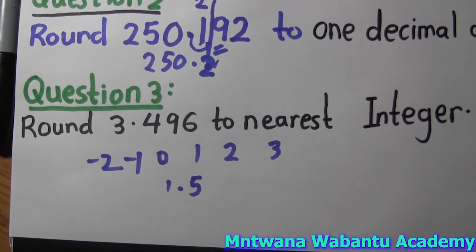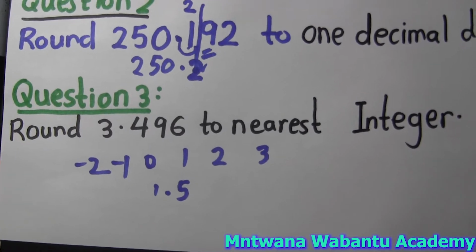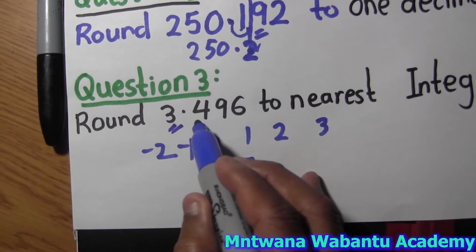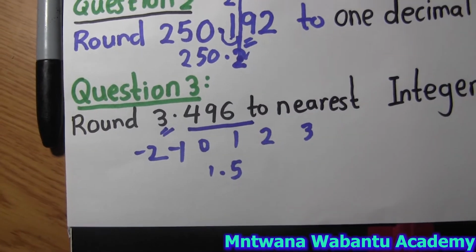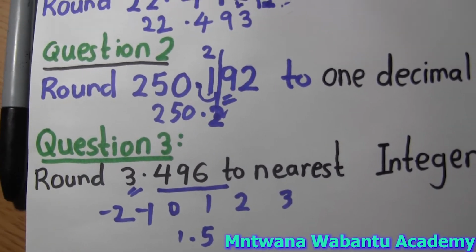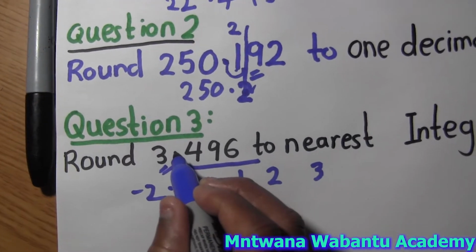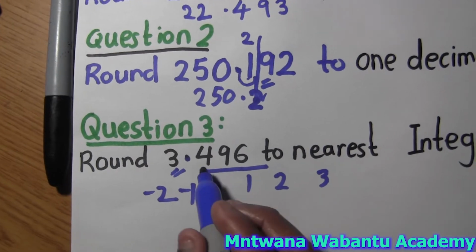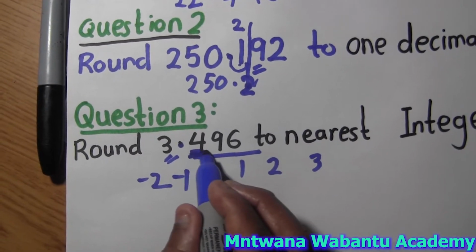So now if I had to change these to the nearest integer, I'm going to say, okay, this is 3, so I don't need this stuff here, because I don't need to print something. To take the nearest, if this is 3, it either has to be 4 or remain 3. So I'm going to look at this number here.